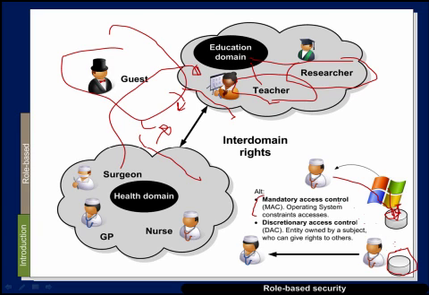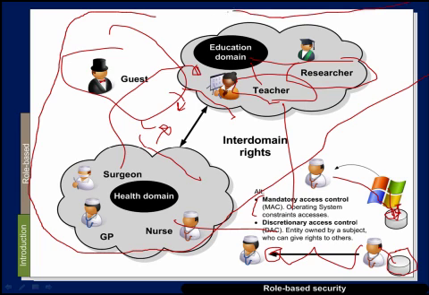In this case, a certain entity is owned by a subject, and it's up to that subject to give rights to someone else. So we'll probably find that a mixture of these types of access control makes an optimal infrastructure, but it looks like role-based security is an extremely scalable technology, especially when we're dealing with large-scale domains and domain interaction.